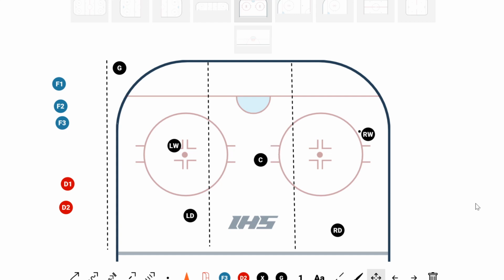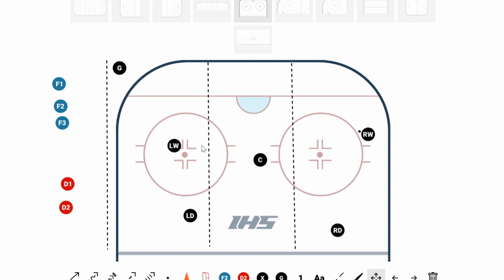I'm just going to park myself. Someone told me, yes, I want to be in the dangerous area, the slot, which is this square section right here. If I get a pass right here, I'm going to have a lot of net to shoot at. Yes, so this is the dangerous spot. And so they just decide to park themselves right here.